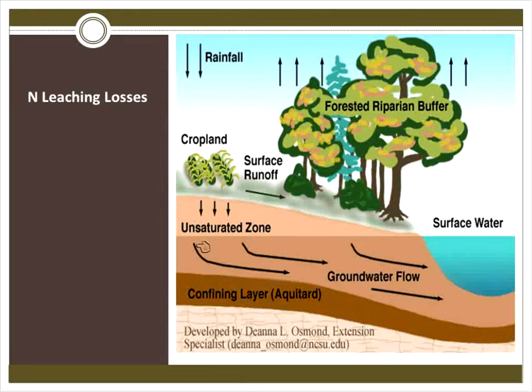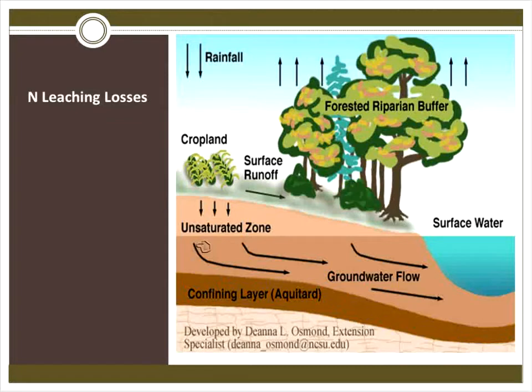Since we aren't losing much nitrogen through surface runoff, then we're losing most of our nitrogen through groundwater flow. So it's really important for our crops to absorb as much nitrogen as possible that we put in.